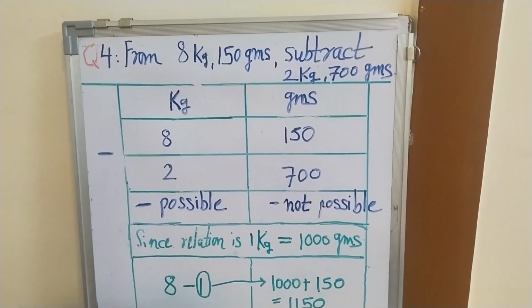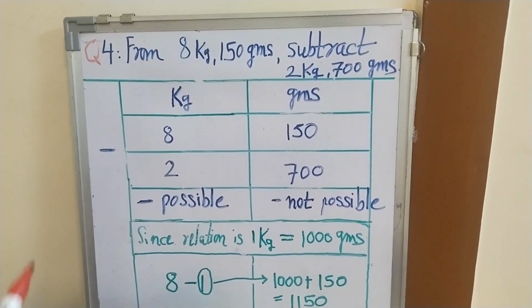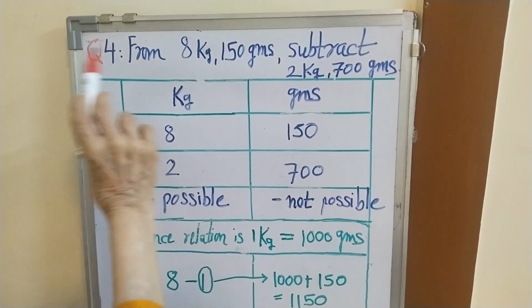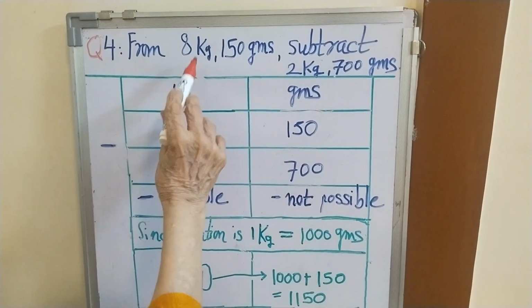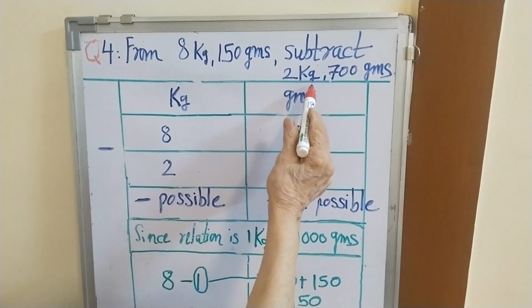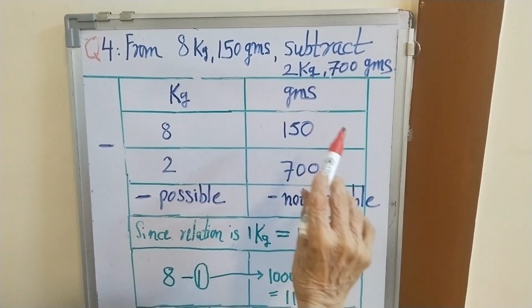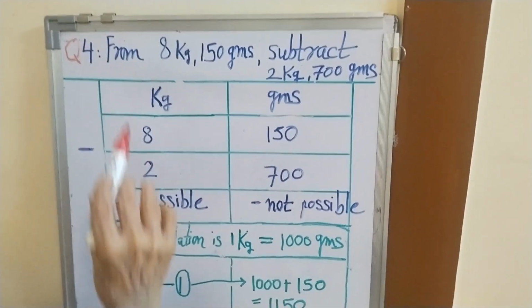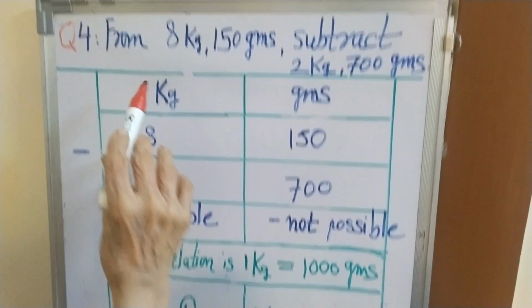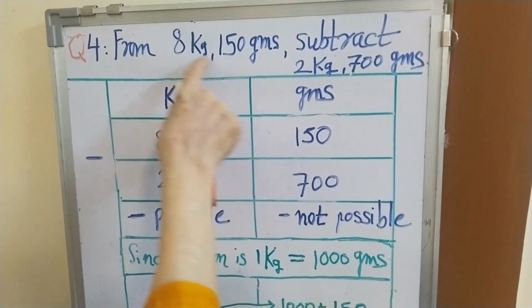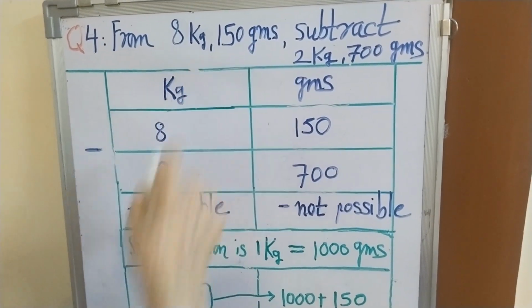Now honey bunch, let us take another example in subtraction. Question 4 states, from 8 kg 150 grams, subtract 2 kg 700 grams. As usual, we make a table first. In one column we write kg, in another column we write grams, because that is what is given in the question.